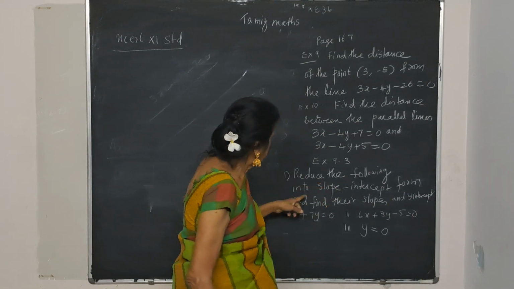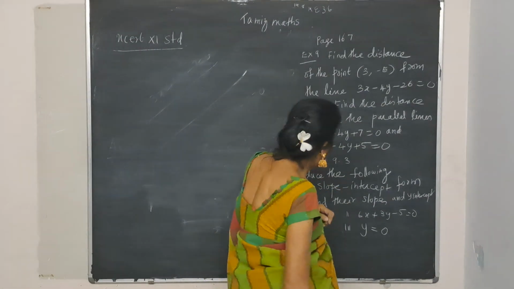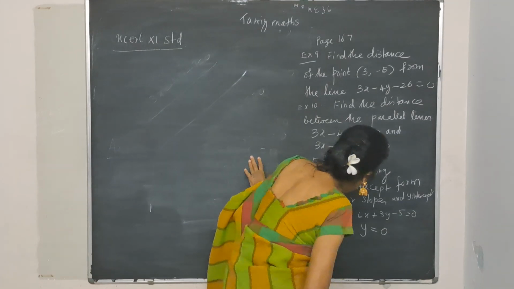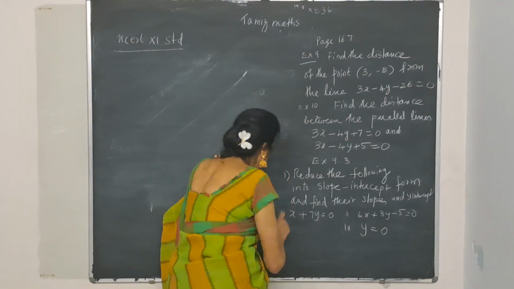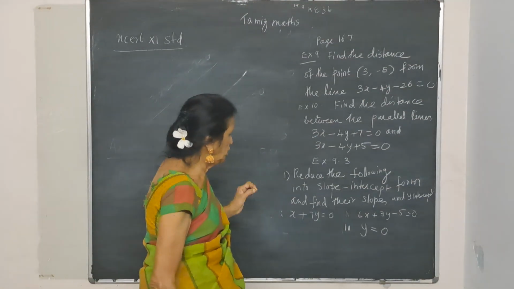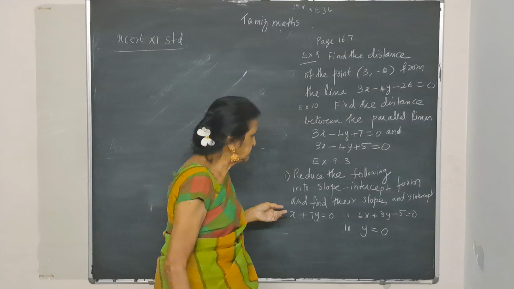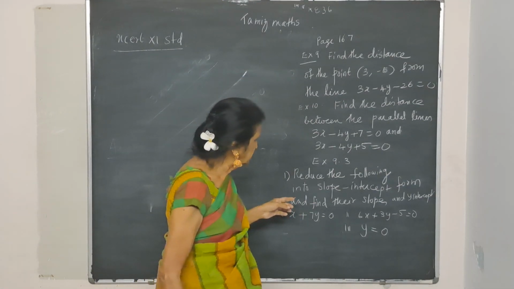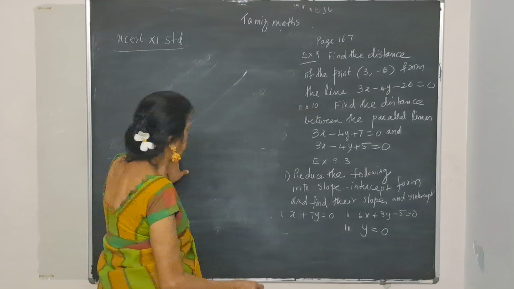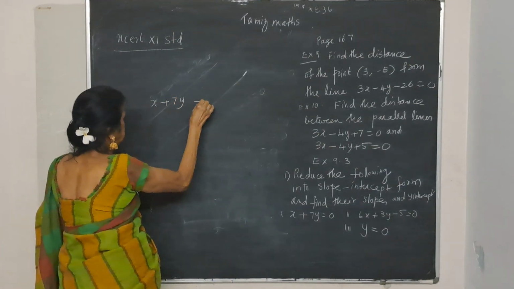Reduce the following into slope-intercept form and find their slope and y-intercept. Problem 1 is: x plus 7y equal to 0.